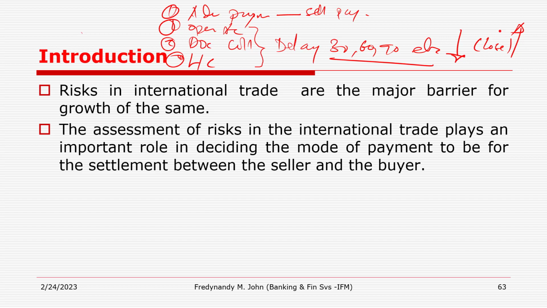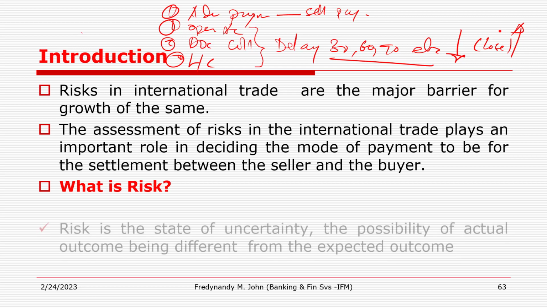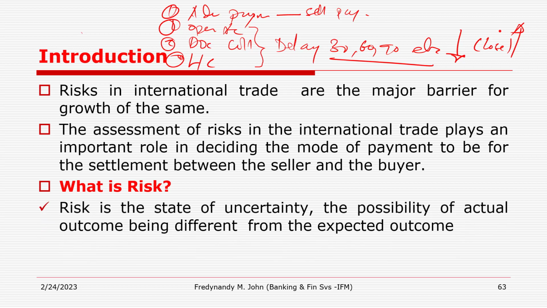Either way, as an exporter or importer, you need to understand different techniques that we use to cover against foreign currency exposure. But first, let's see, what do we mean when we say risk? Risk simply means uncertainty. That is, the likelihood that what you expect isn't actually what will be the final outcome.